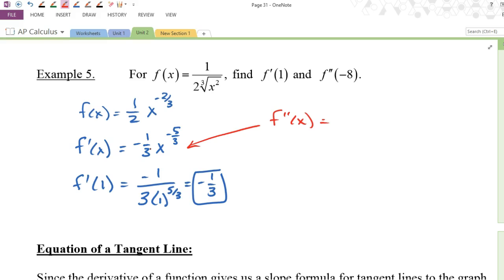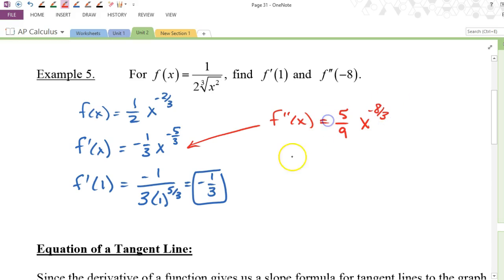So what's -1/3 times -5/3? Positive 5/9. Good. And then if I subtract 1 from -5/3, that's negative what? -8/3.